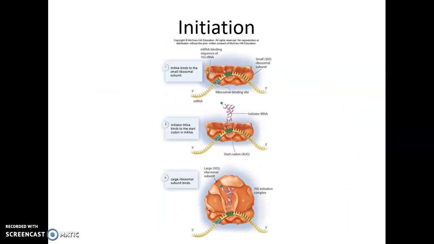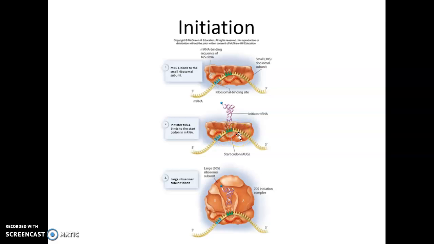So with initiation, here you can see we have that small subunit which attaches to the mRNA and holds on to the mRNA. We can see that the first codon, the start codon, is AUG, and the very first tRNA comes in and base pairs with the codon.